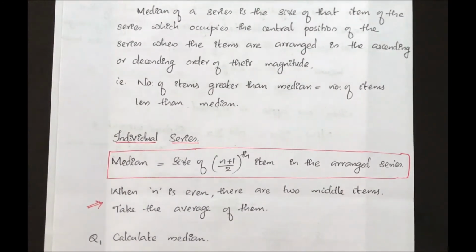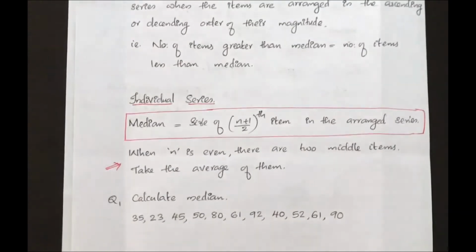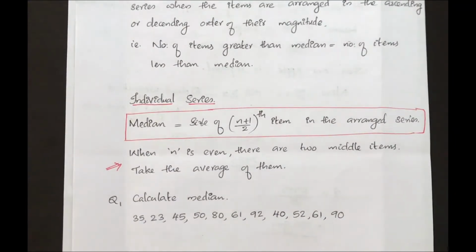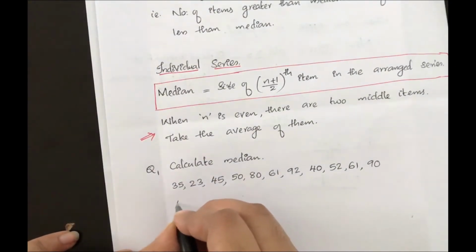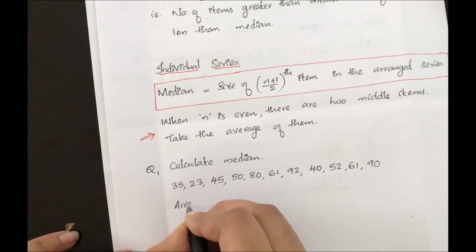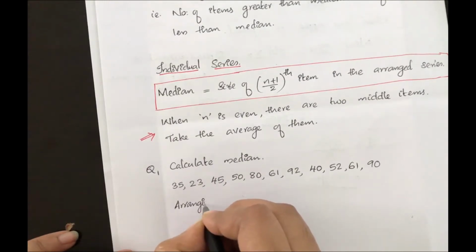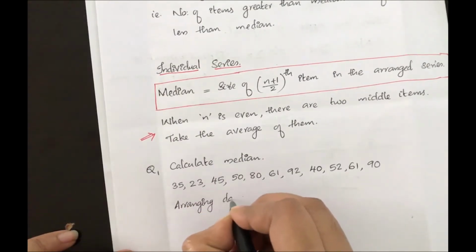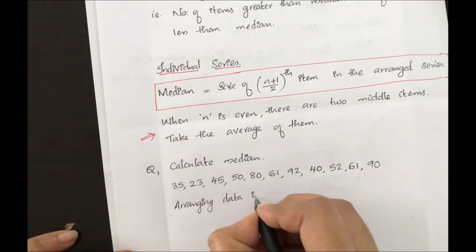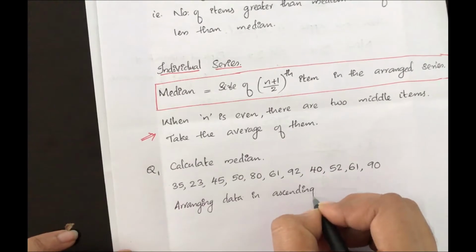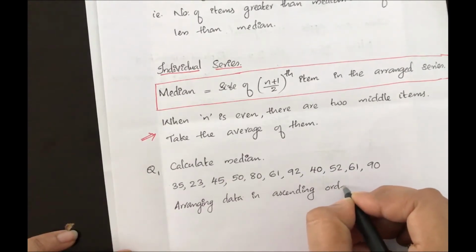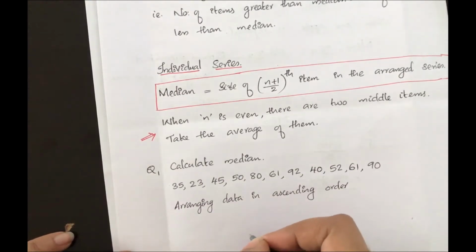You can look at one question. Calculate median. The data set is given like that and we are arranging the data in ascending order. I always prefer to arrange the data in ascending order.